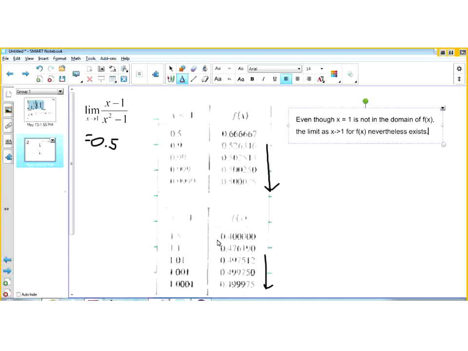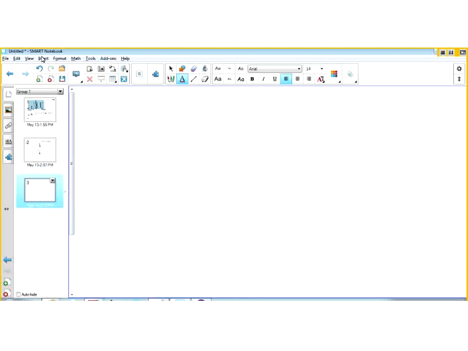Now let's modify the graph. Oops, I deleted it, didn't I? I'll go back and post it again.